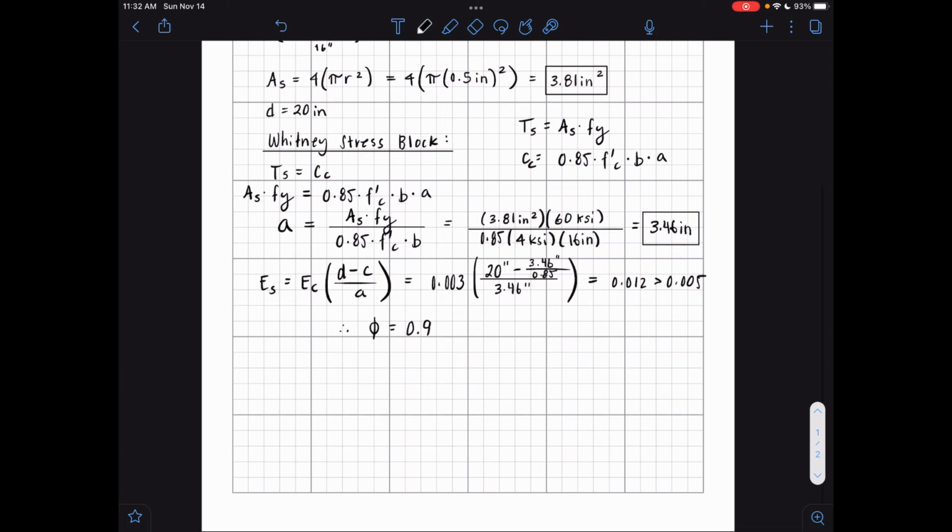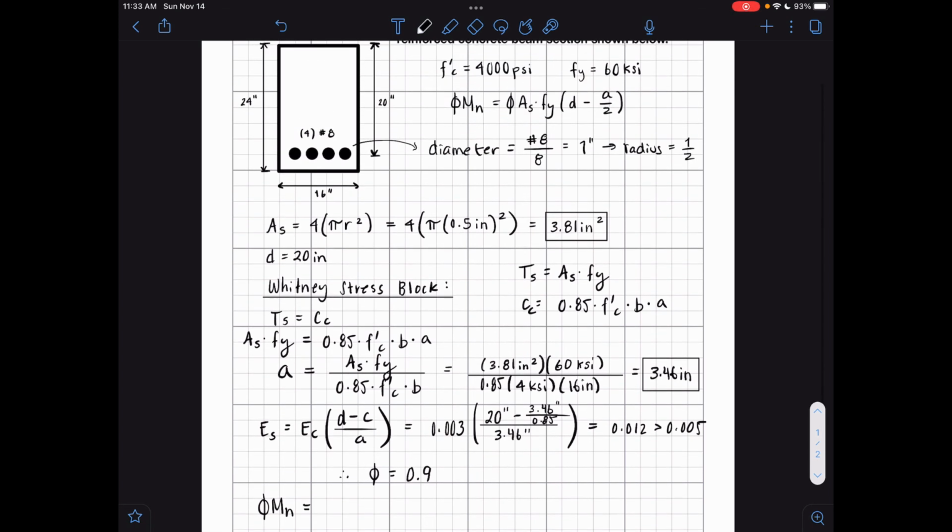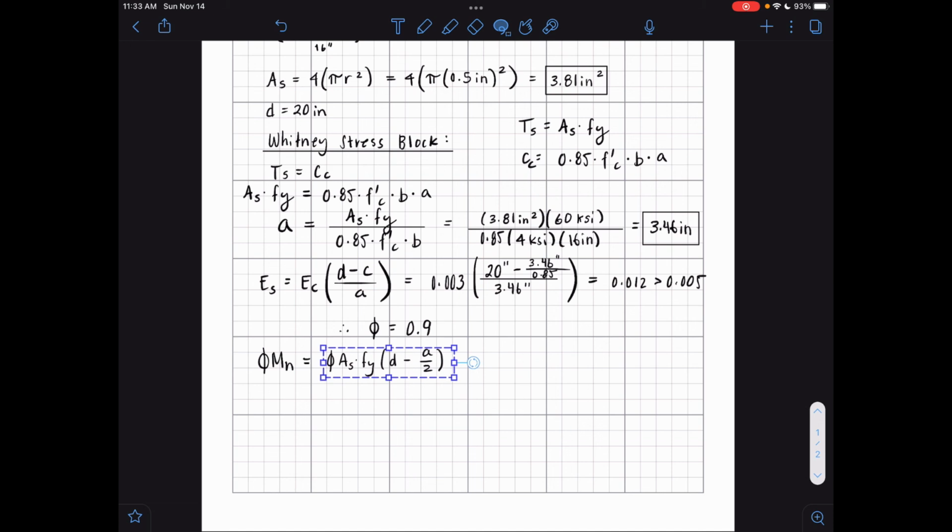And now we can go ahead and calculate phi times Mn. I can simply copy and paste this formula here, so let me duplicate that, drag it down, and now we can go ahead and plug and chug.